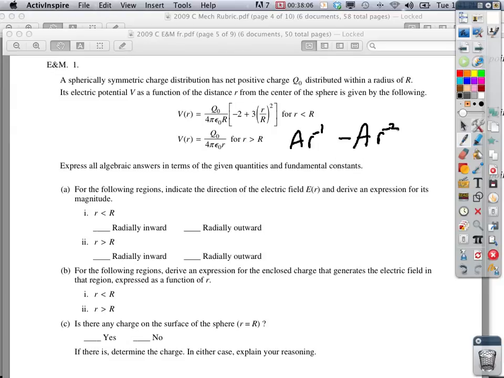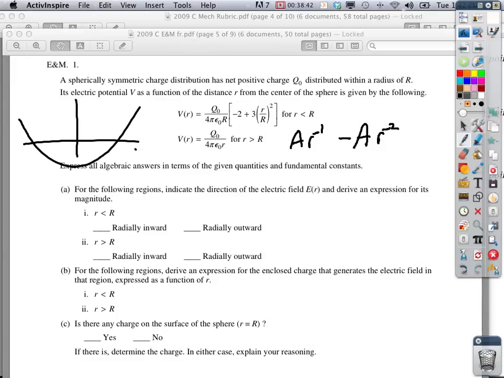So when you do this, if you look at the value of r as little r approaches big R, then this graph comes out to be something. Again, it's just like r squared, but because of this minus 2, it's shifted down. So it's not that much different from the graph in the last problem of the energy, right?